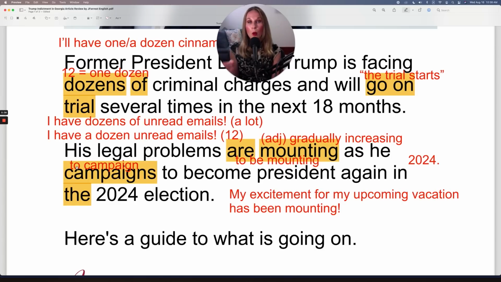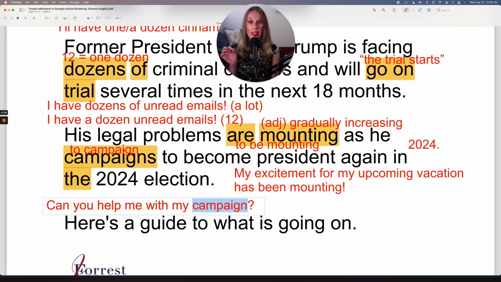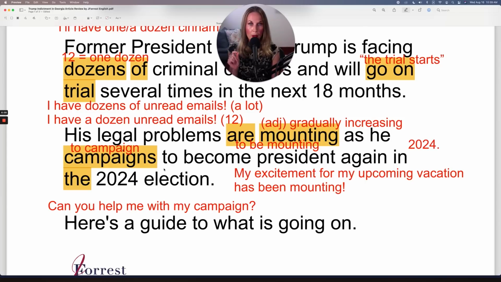I'm pointing this out because campaign is more commonly used as a noun, but you can absolutely use it as a verb. Here's an example where you see it as a noun. Can you help me with my campaign? My campaign. So this is the noun form, and then to campaign is the verb. His legal problems are mounting as he campaigns to become president again in the 2024 election.